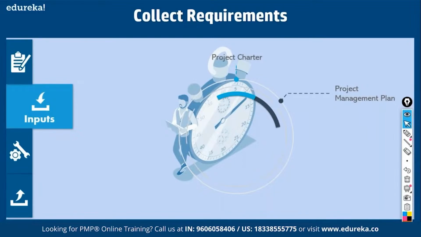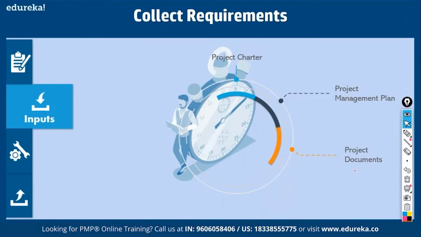Then what else? We have project documents. What are project documents? There are two things in a project: either it is a plan or it is a document. Any document, for example, the business case. Before you launch a project, you have a business case, which tells you the high level requirements for a product.